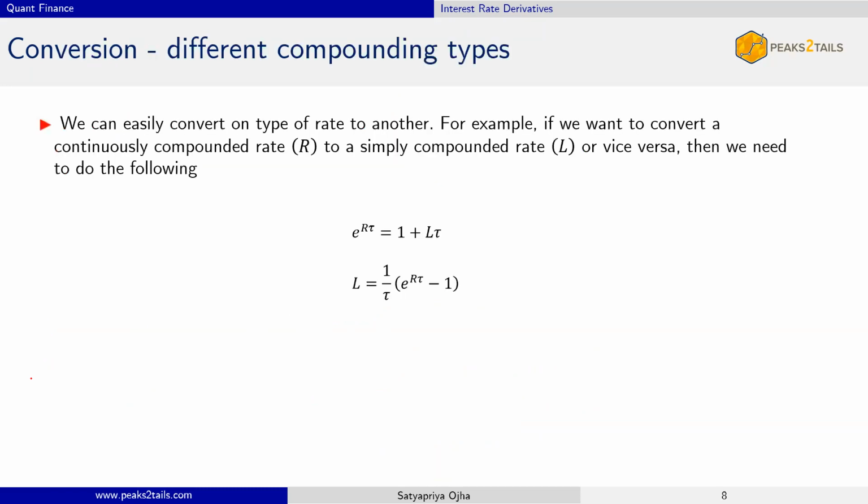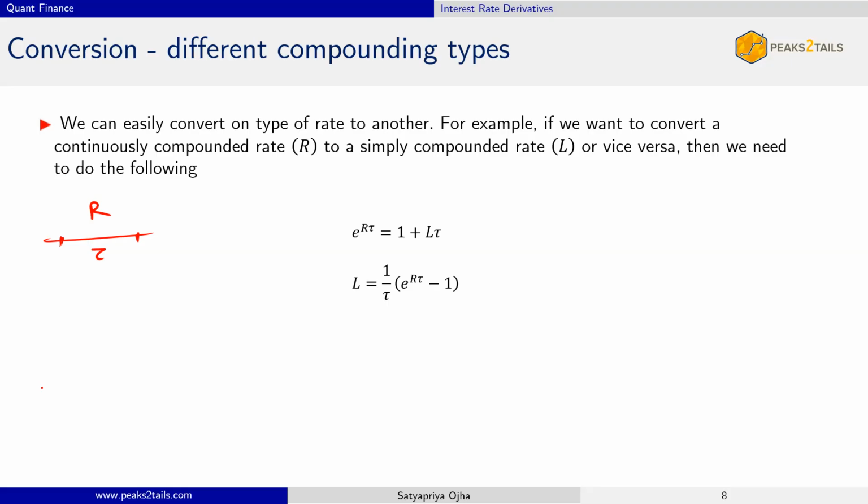How do you perform the conversion between different compounding types? Okay, so somebody has given you that, between these two dates, say this period is tau. Okay, the year fraction is tau. Somebody told you that the continuously compounded rate at which you can grow your money in this period is R. You want to know the equivalent simply compounded rate that will give you exactly the same money.